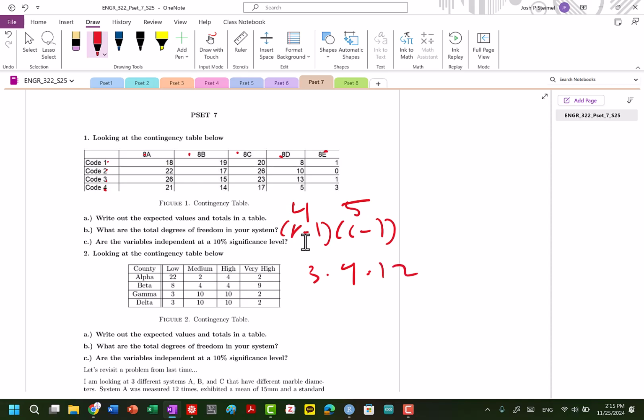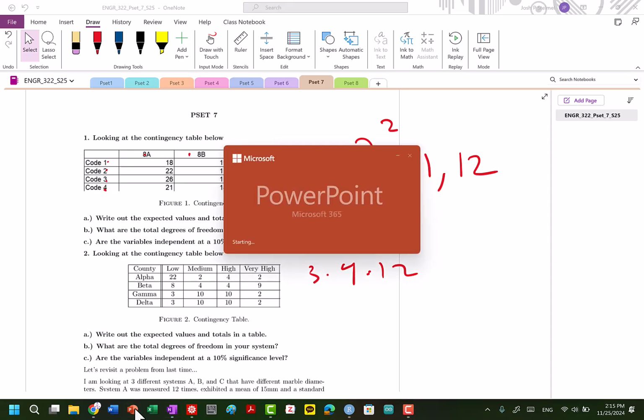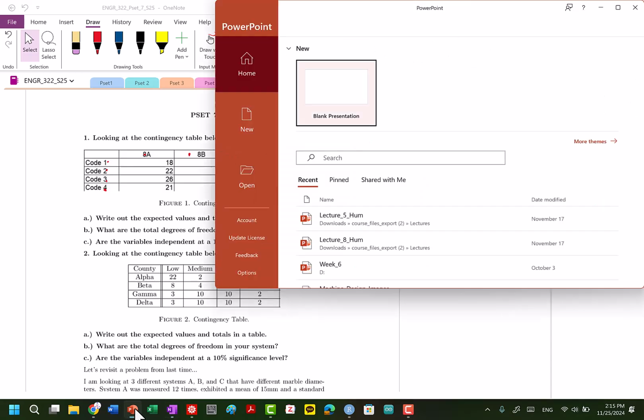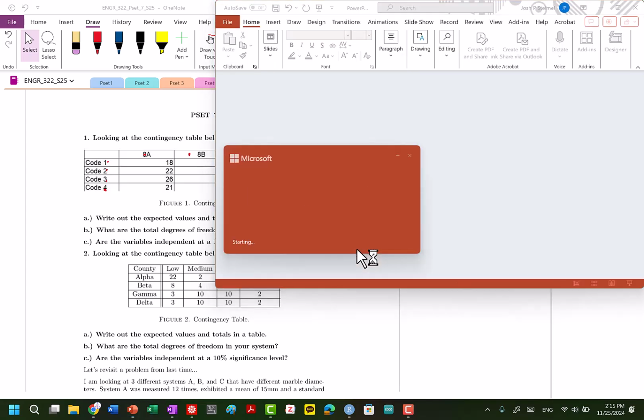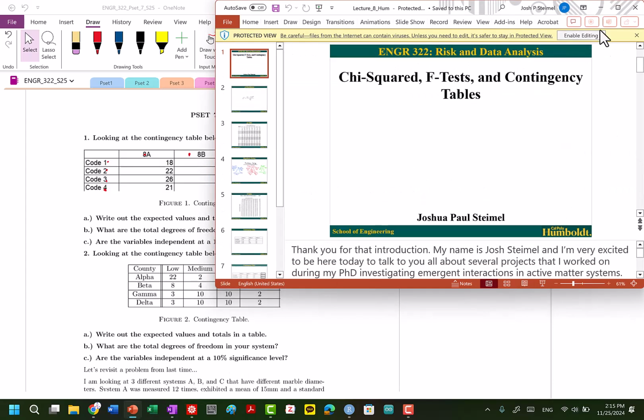So if we look at our 10% significance, our chi-squared of 0.1, our nu is going to be equal to 12. We can pull up one of our previous ones. Yep.